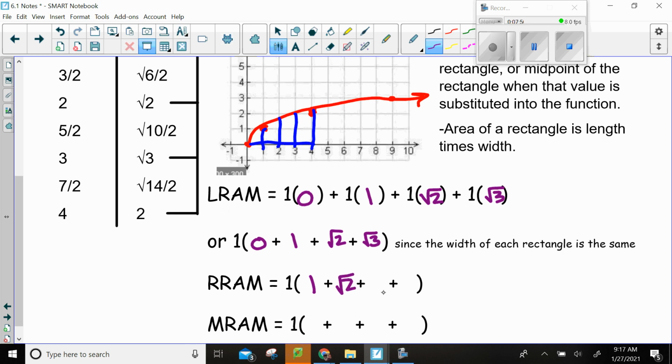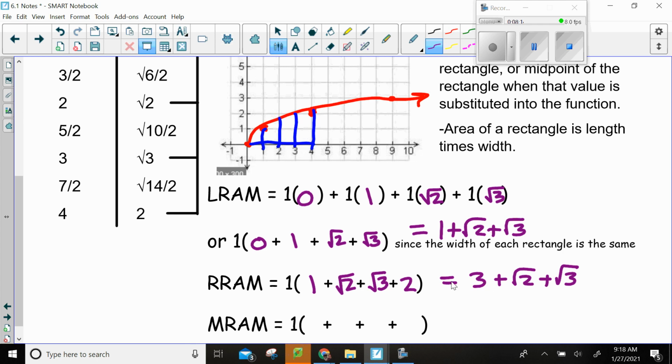The right side height for the third one is square root of 3. And the right side height for the fourth one is positive 2. So the answer here was 1 plus, I'm just going to leave this. Answer here is going to be 3 plus. Notice that this one is 2 higher because it's going to over approximate.